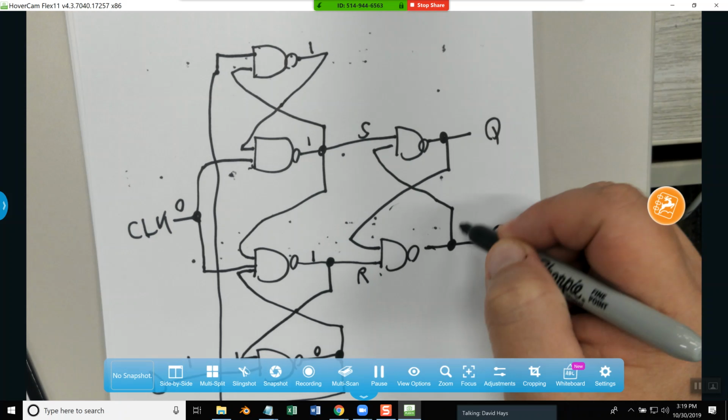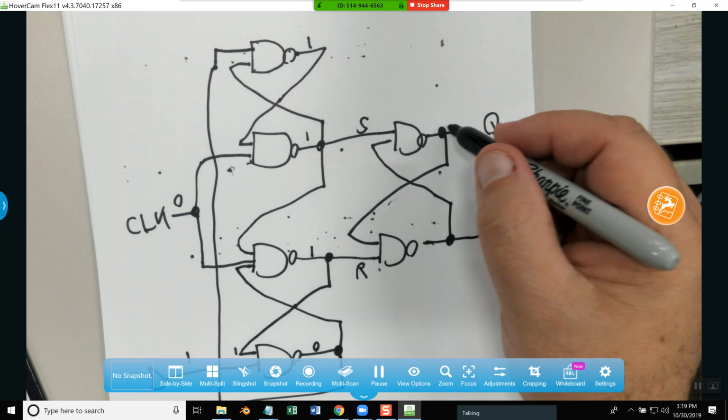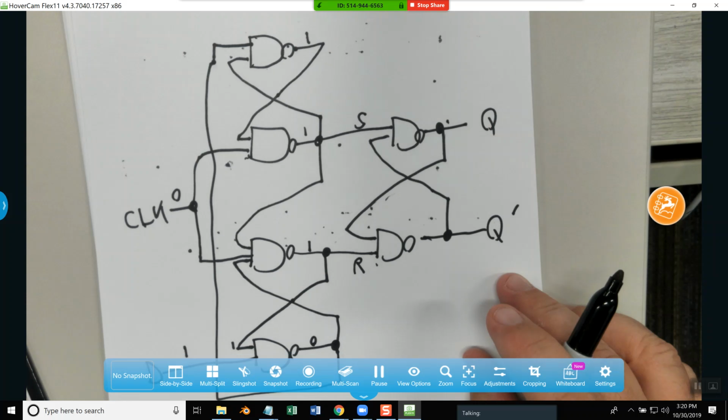Okay, here's a condition I'm looking for. Similar, if D is equal to 1, when clock goes from 0 to 1, which is what I just said, S changes to 0. So that makes sense, because we have a 0 coming out here.